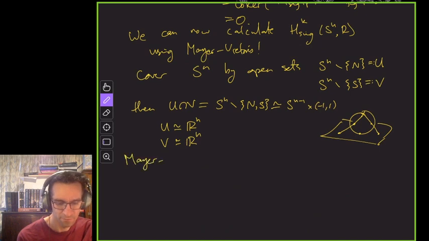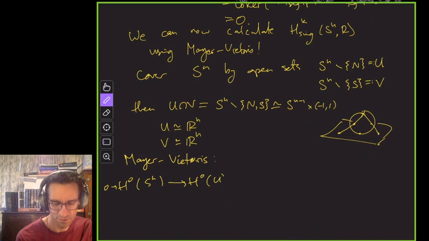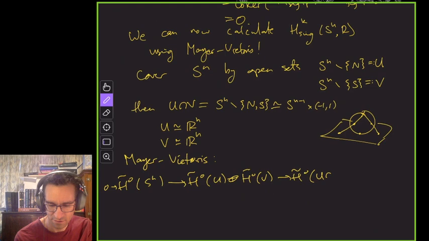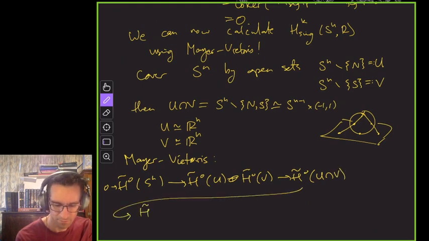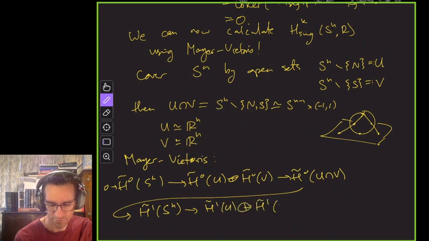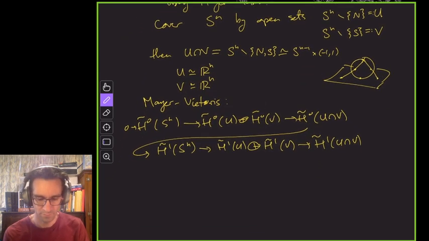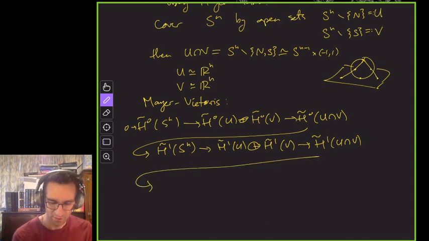Mayer-Vietoris. Let's write it down with reduced cohomology. I'm going to leave off the singulars: H0 U, H0 V, reduced, H reduced U intersect V, then H reduced 1 of V, U intersection V. Right, now I want to write out a generic bit.